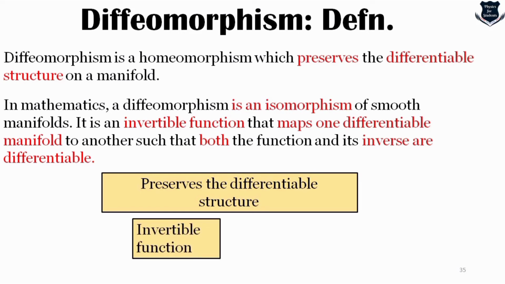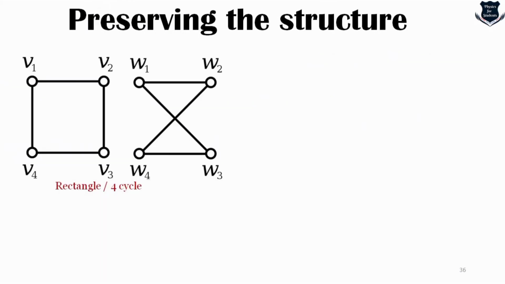What also becomes important is what an invertible function is and what we mean by maps to one another. So we will take these three components one by one: what is preserving structure, what is an invertible function, and what is meant by mapping. Once we understand these three, the concept of diffeomorphism is as clear as a glass of water.